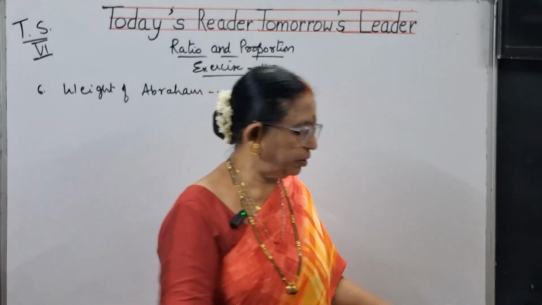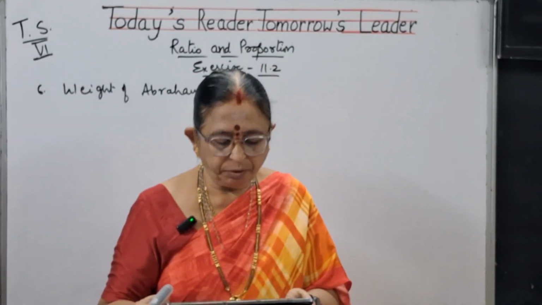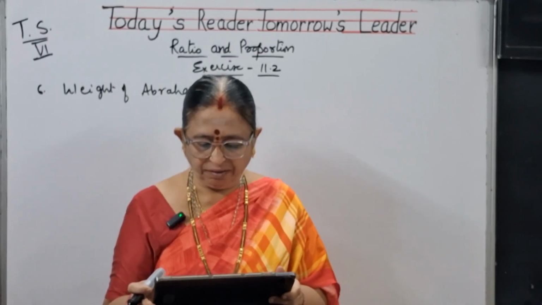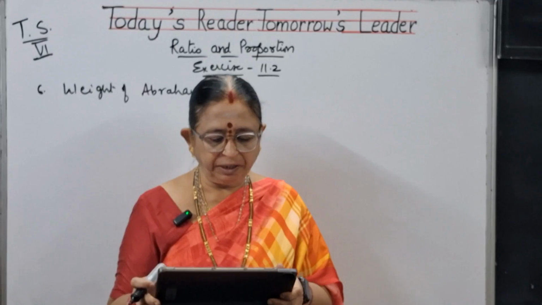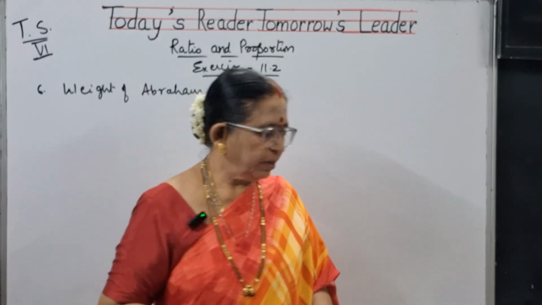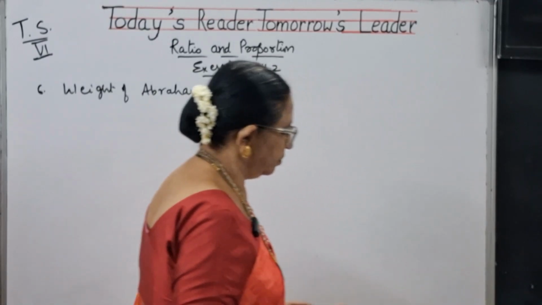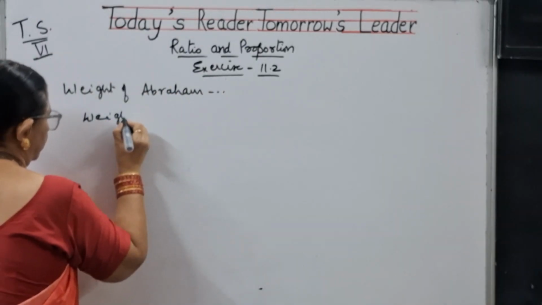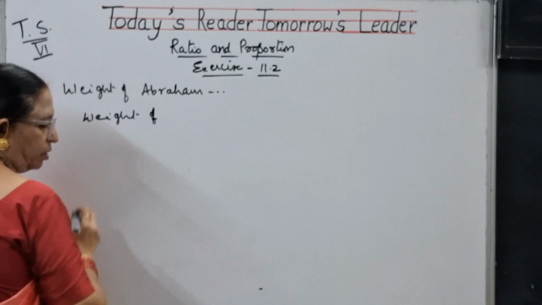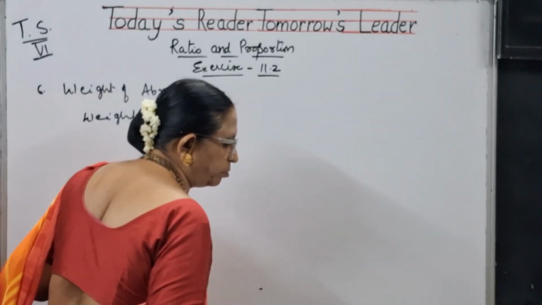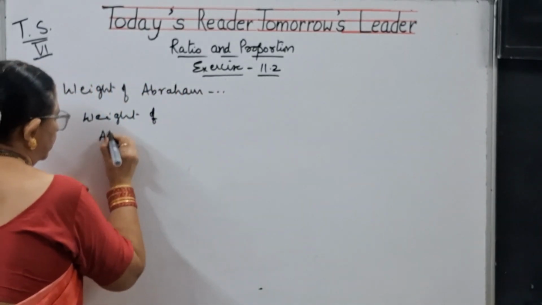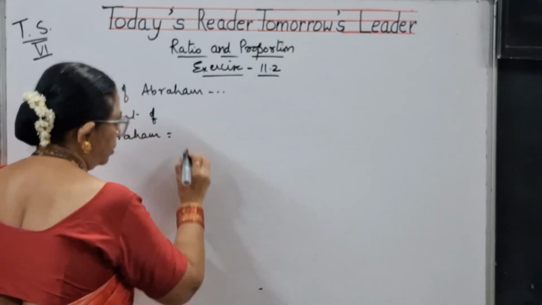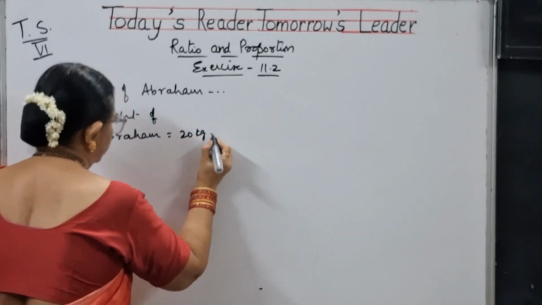The next problem, sixth problem. Weight of Abraham is 20 kgs and his father's weight is 60 kgs. Find the ratio of weight of Abraham and his father. Express it in the simplest form. So, first, what is the question here? Weight of Abraham and father. Weight of Abraham is how much? 20 kgs.